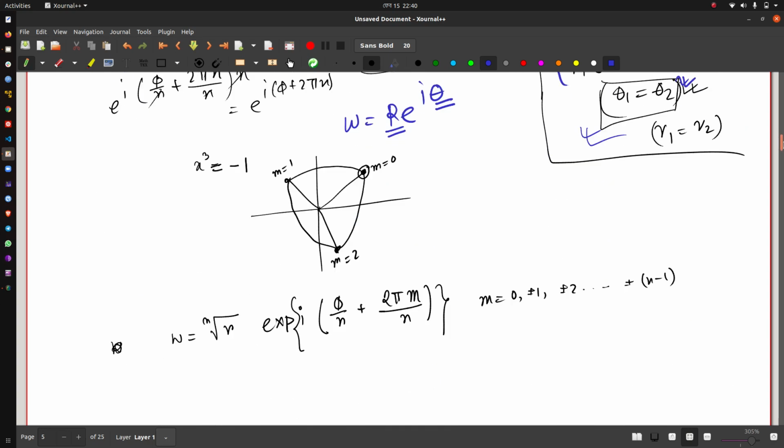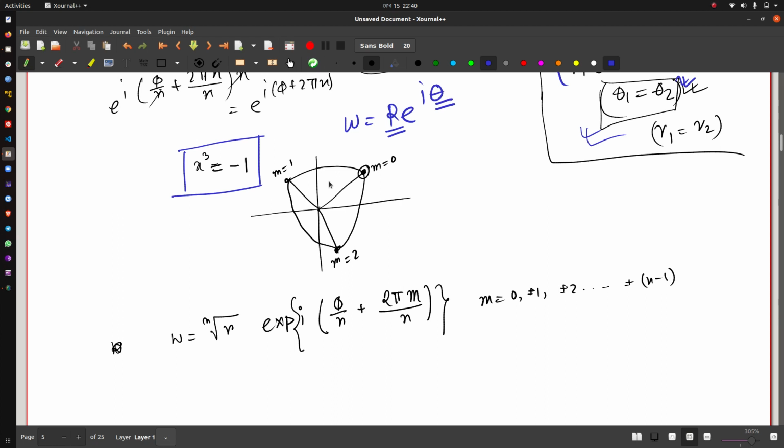And a geometric way to see this would be, let's say you have an equation that says x cube equals minus 1, and you should get 3 roots. That is the fundamental theorem of algebra as well, and we'll try to prove it in later lectures, that if you have a polynomial of degree n, there should be n distinct roots.